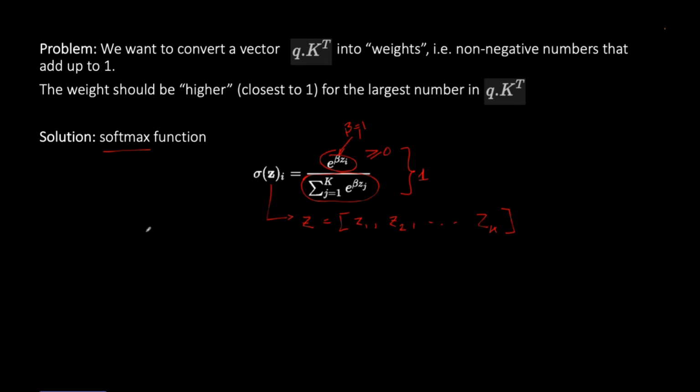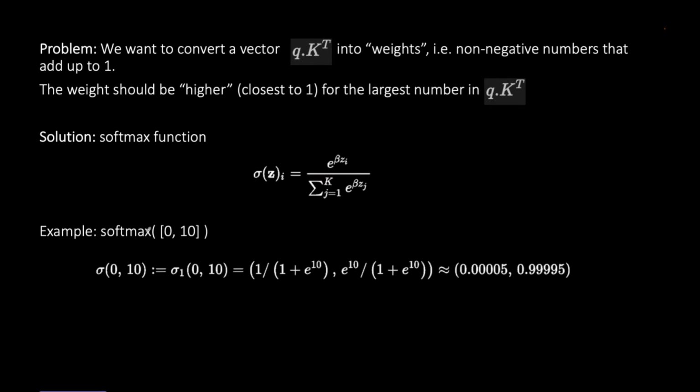The softmax function is very used for several different things, and we're going to find it again later on. But here's a small example where you have a vector that is 0 and 10. Again, in this example, beta equals 1.